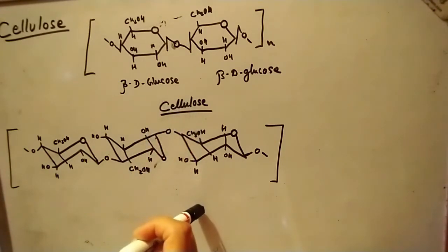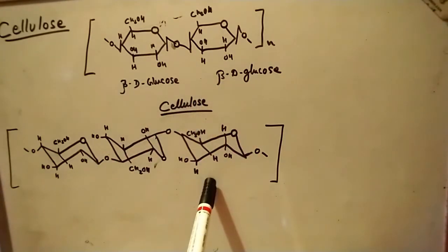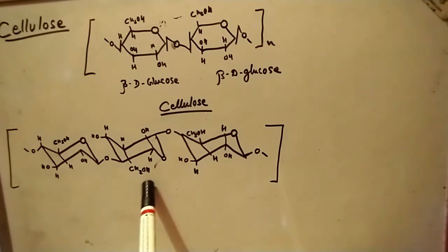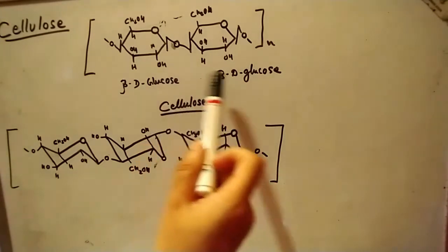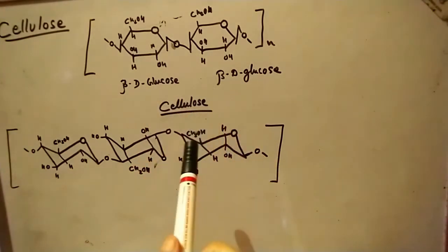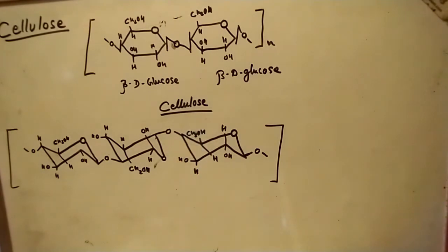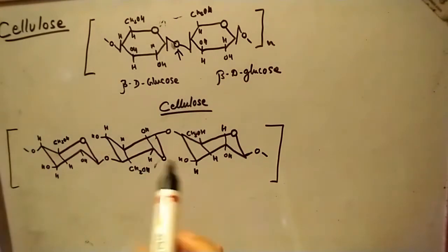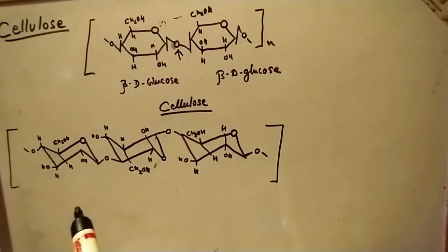Cellulose is an unbranched homopolysaccharide of about 10,000 to 15,000 beta D glucose subunits, and these beta D glucose residues are linked by beta 1,4 glycosidic bonds.